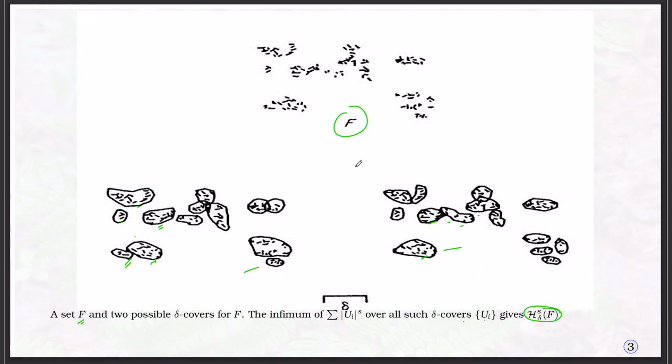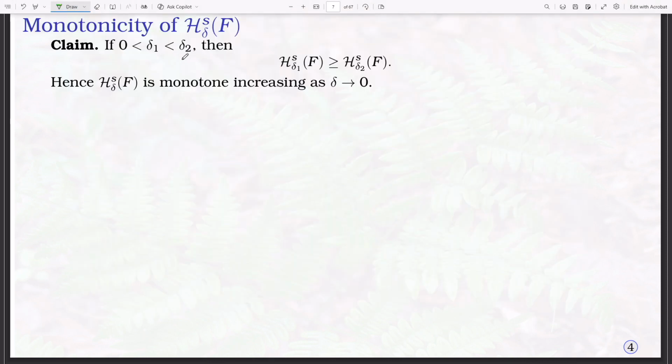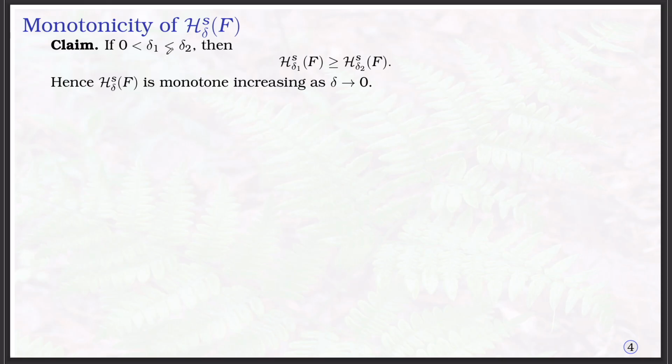Now, we need to show that as delta decreases, H_delta^s(F) increases: if delta_1 is less than delta_2, then H_delta1^s(F) is greater than or equal to H_delta2^s(F). That means it is monotonically increasing as delta tends to 0.